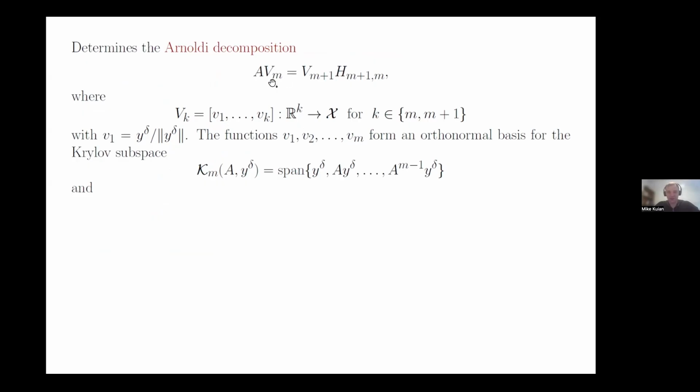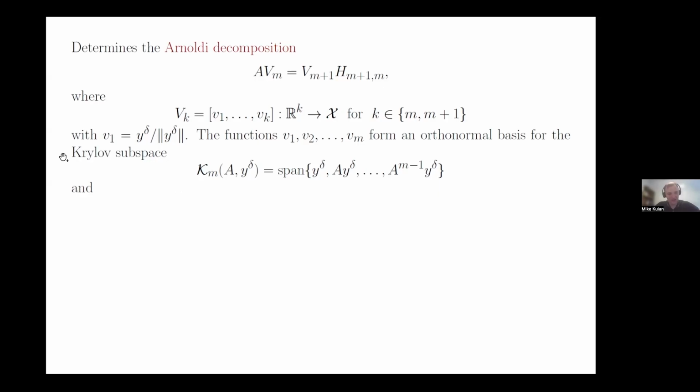So VM contains orthogonal vectors, M plus first, it has an extra vector from the Krylov subspace, and H M plus 1, M is the Hessenberg matrix. The span of these vectors is called the Krylov subspace. It's a pretty classical instrument for solving ill-posed problems and inverse problems.